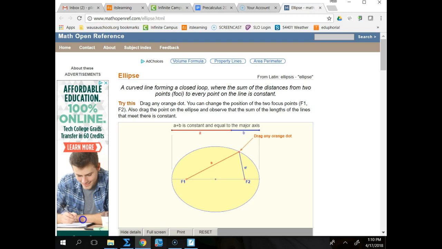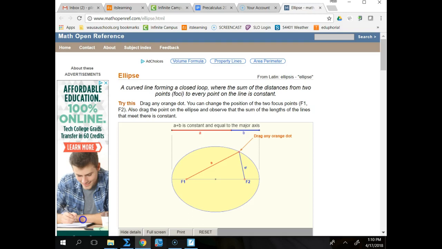What an ellipse is, and the only part of this site that I don't like, I love all the interactiveness of it, but I don't like curved lines, because that's an oxymoron to me. Lines are straight. You say curved line, it's not a line, it's a curve. So it's a curve forming a closed loop where the sum of the distances from 2 points, we call those 2 points the foci, to every point on the curve is constant.